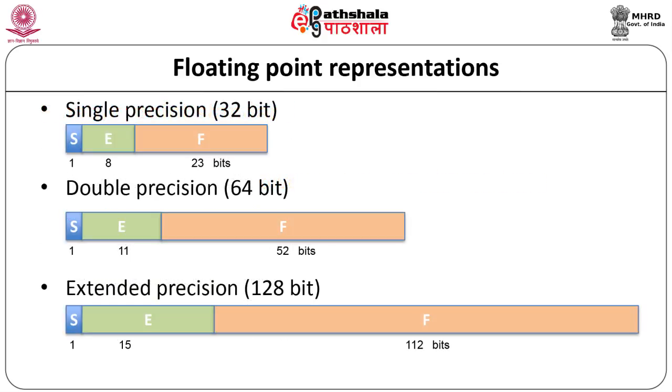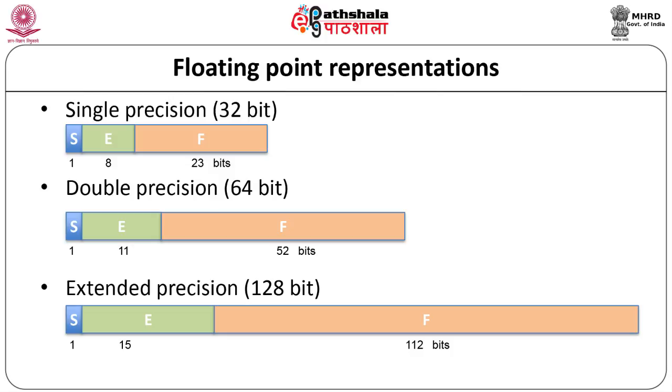The 3 basic binary formats have bit lengths 32, 64 and 128 bits. We can represent floating point numbers with 3 binary fields: a sign bit S, an exponent field E and a fraction field F. The exponent has 8, 11 and 15 bits respectively.